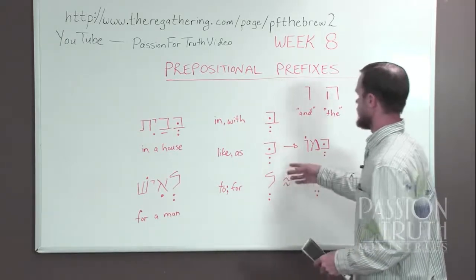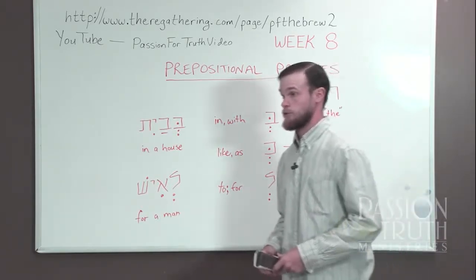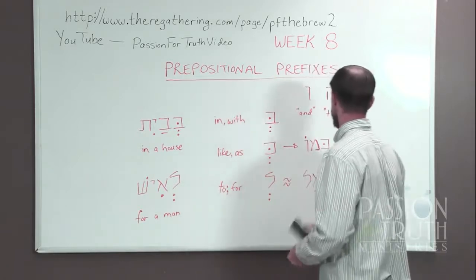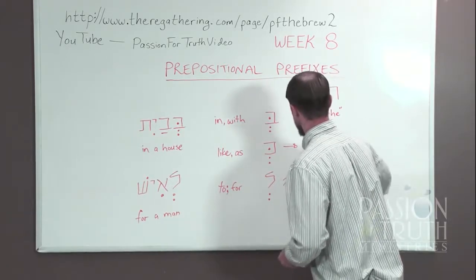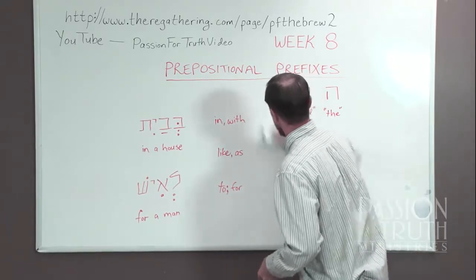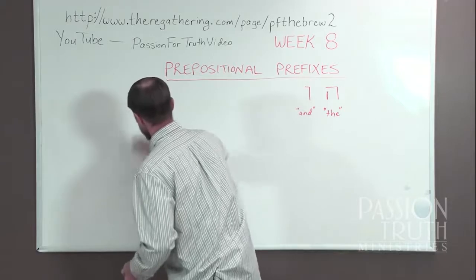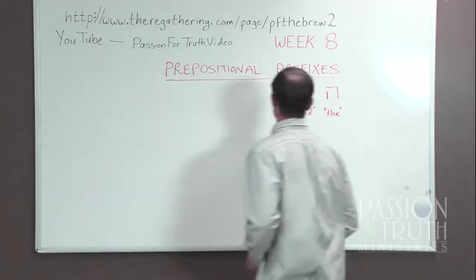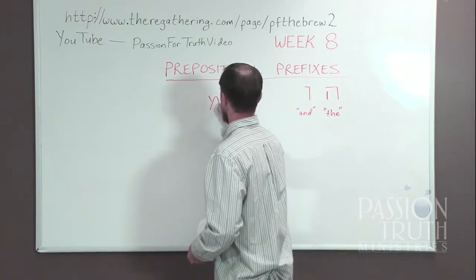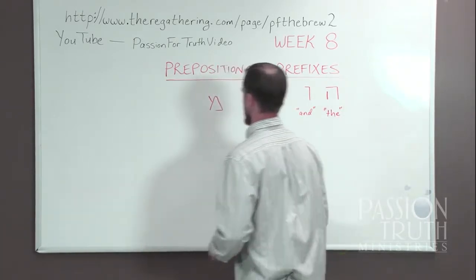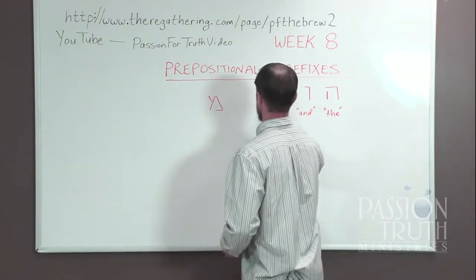So there's one more prepositional prefix in Biblical Hebrew, and I will cover that now. And that is the mem. Now, the mem does have an exact equivalent that's a totally separate word.